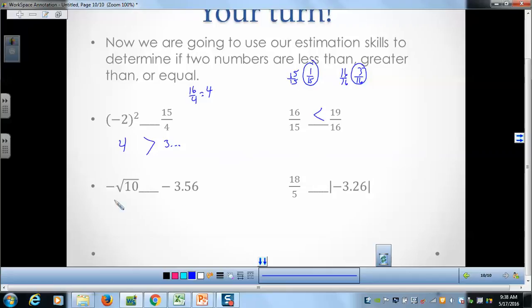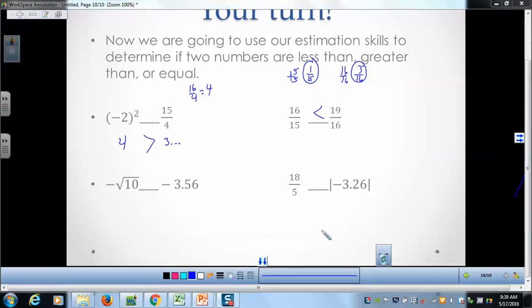All right. So when we look at this one, once again, we're looking at our radical. I'm going to just write this down here. Let me scroll just a little bit here. If I do the square root of 9, that is 3. So the square root of 10 is going to be just past 3. I don't think it's going to be to 3.5. So this is really going to be like negative 3 point, maybe like 3.1, or maybe 3.2.